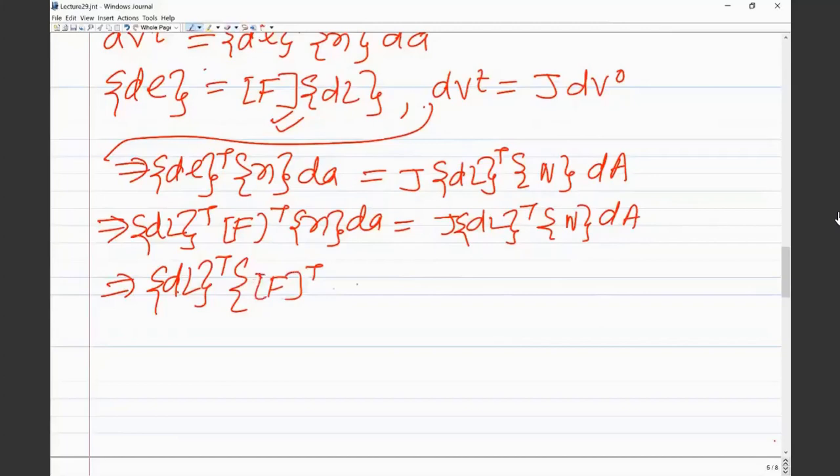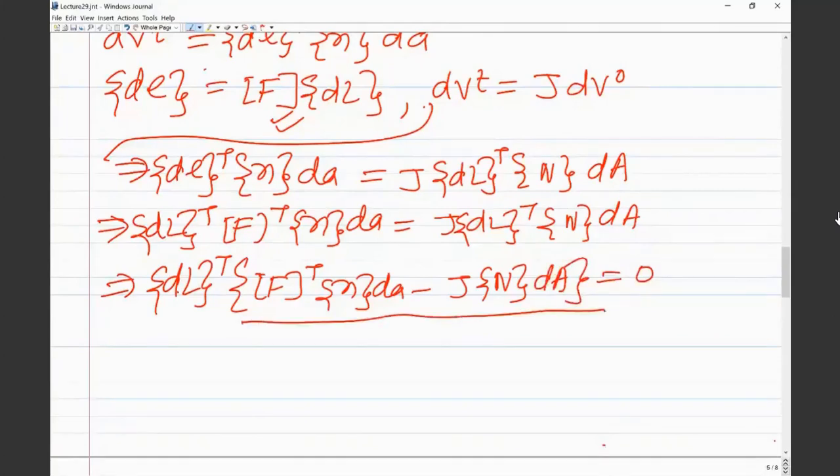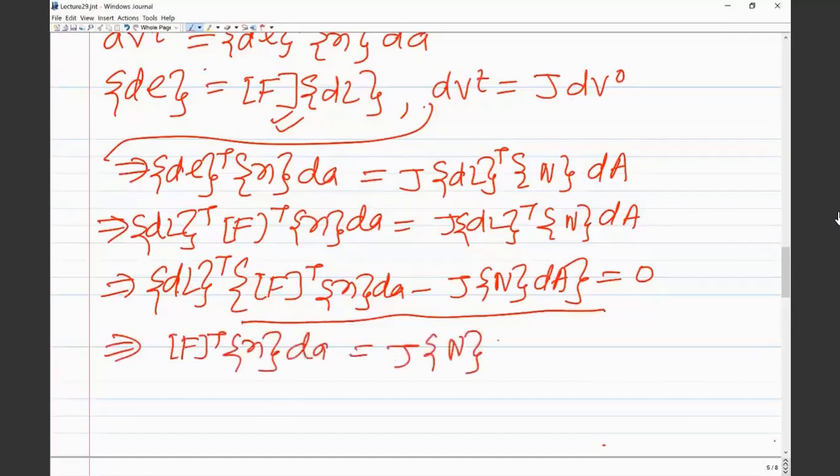So we have F transpose into n da minus J into N dA, and this is equal to 0. Now dL is arbitrary; we can choose capital dL arbitrarily. So for this product to be 0, the term has to be 0. That implies F transpose into n da is equal to J into N dA.